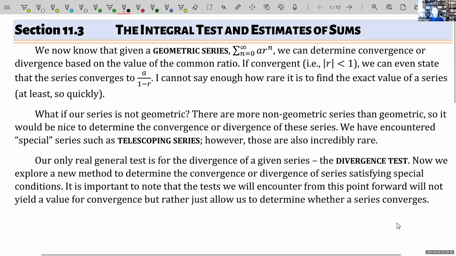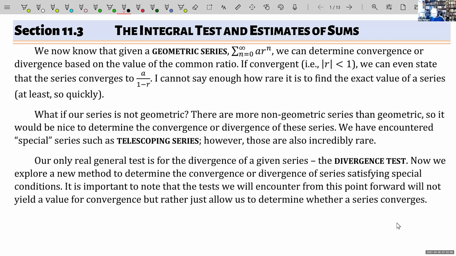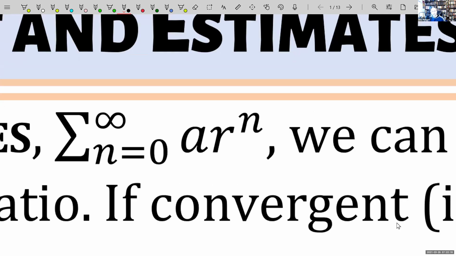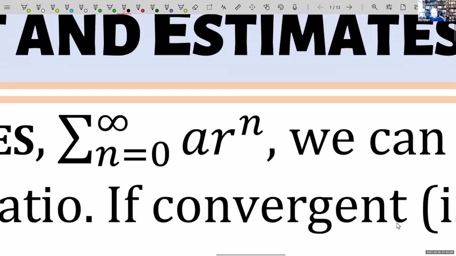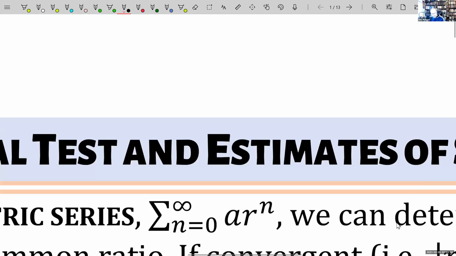We now know that given a geometric series, and I wrote that in slightly different form, normally you see a geometric series the way we've seen it in the past, and actually in your pre-calculus course, like this: a sum from n equals 1 to infinity of a times r to the n minus 1.